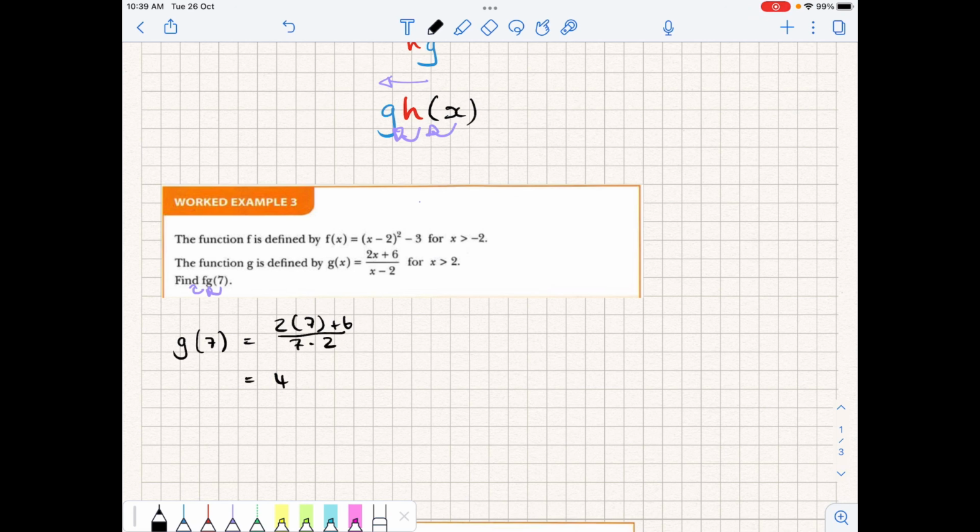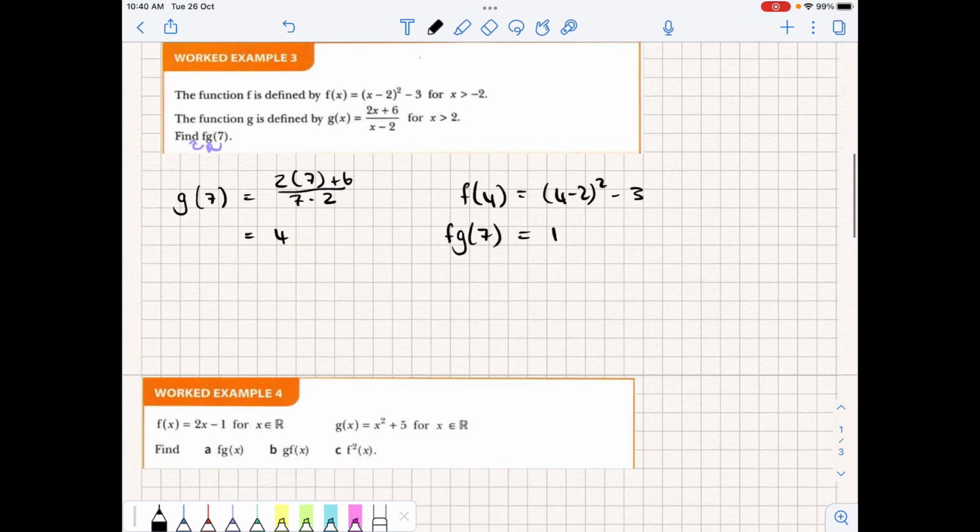So the next function is f. So we can say f of 4. And that will be 4 minus 2 squared minus 3. And that's equal to 2 squared minus 3, which is 1. So fg of 7 is equal to 1.